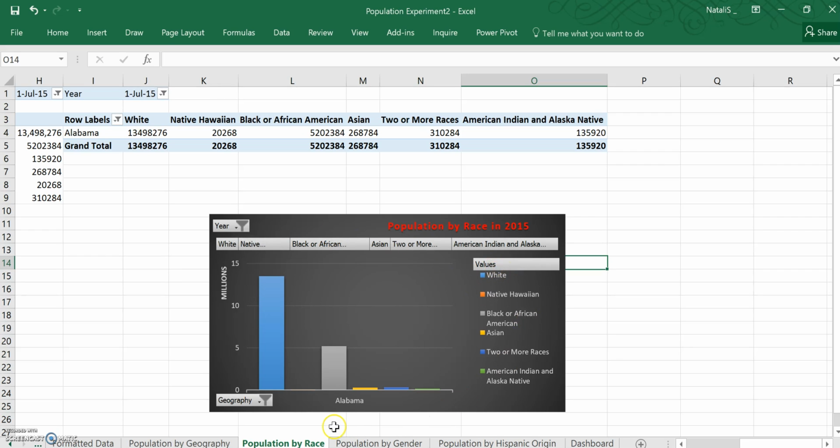So here, for example, we see that for the state Alabama, the biggest population is from white race, and the smallest is from American Indian and Alaska Native. Probably that's true for each state, but we'll have a look later when we use a slicer to see the different population for different states.